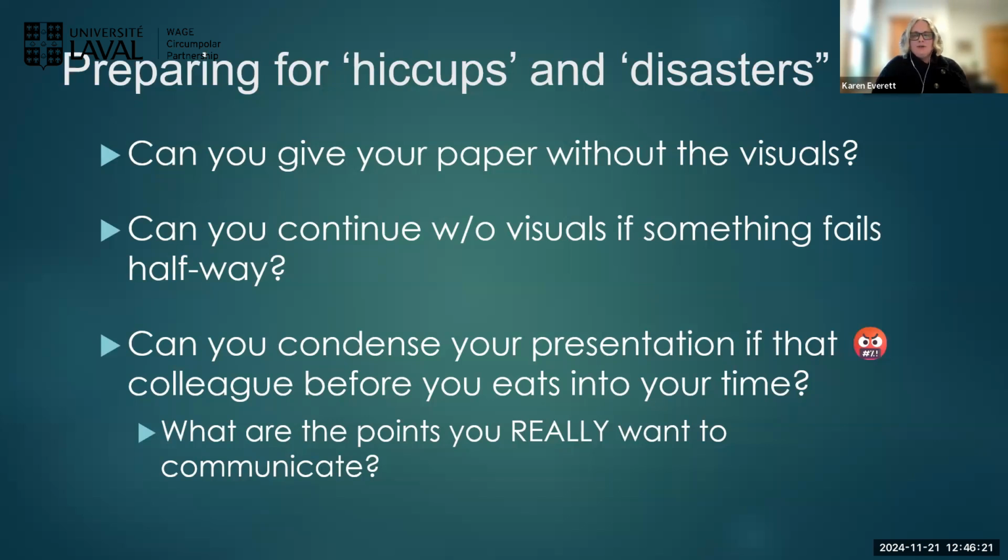This is where knowing the key points you want the audience to take away matters. Maybe you'll only show 3 out of your 10 slides, or focus on a key point from each slide, and then bring it all together in the conclusion or summary. So does anyone have any experience or advice on any of these?